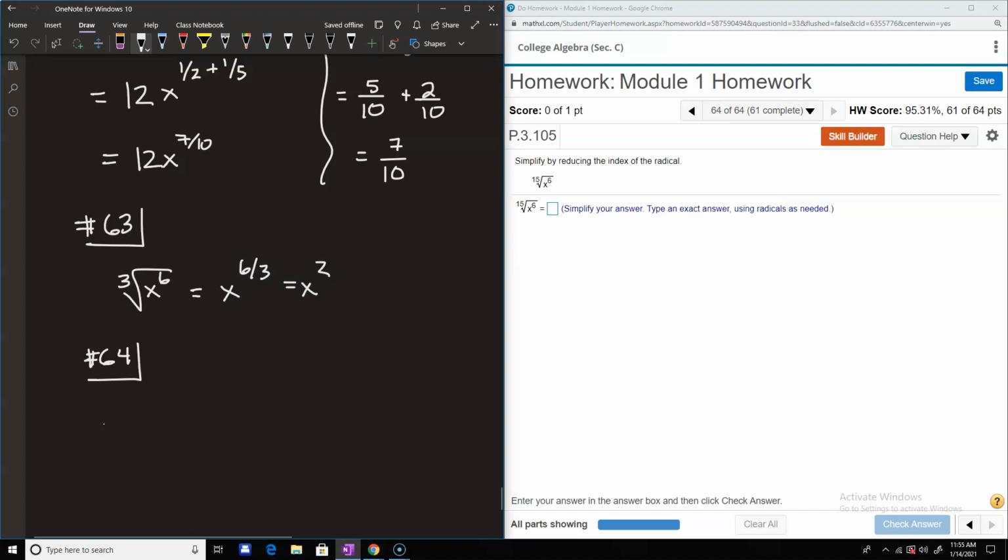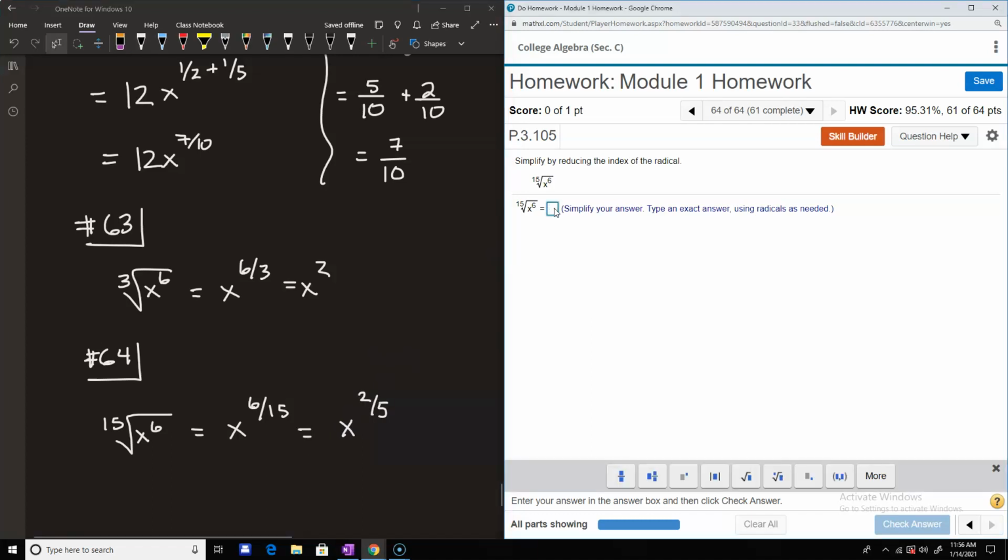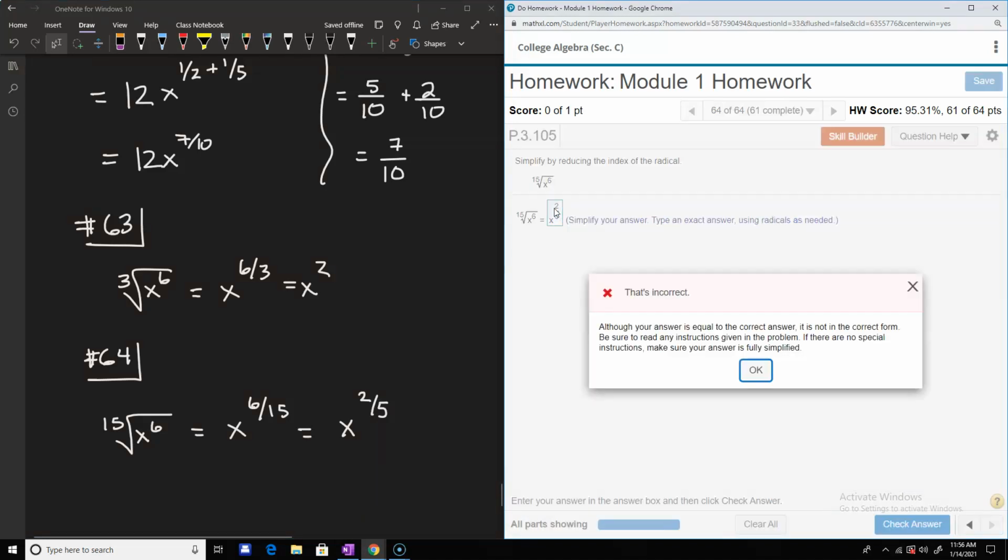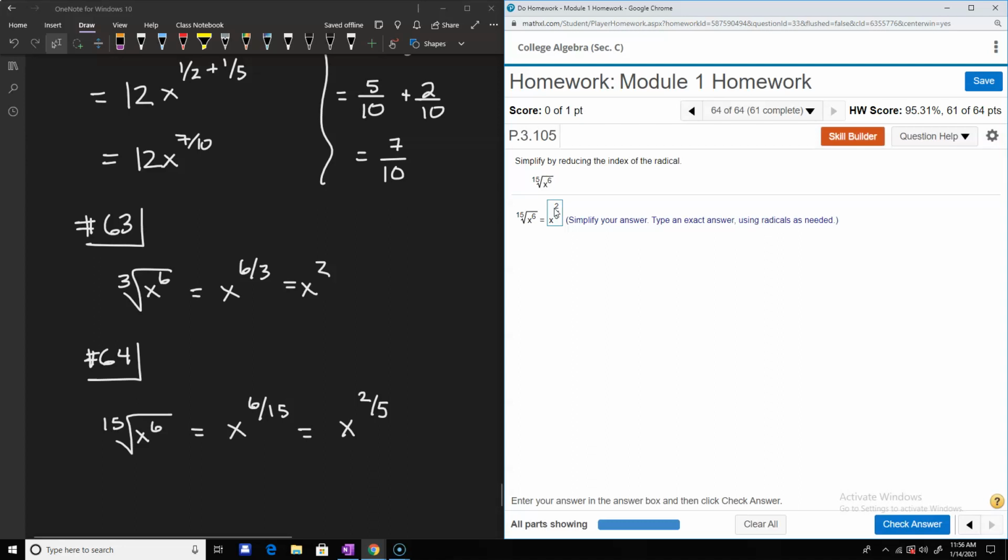So for this one, the 15th root of x to the 6th, this would be power goes on top, root goes on bottom. Both of those are divisible by 3, so this would simplify to x to the 2 over 5. And that would be it. Did I do something wrong? 2 over 5.